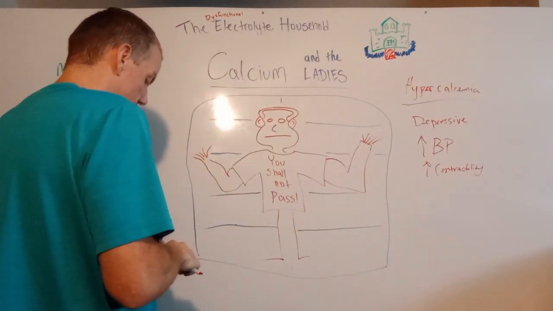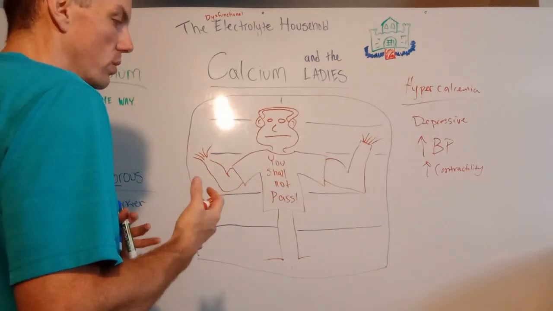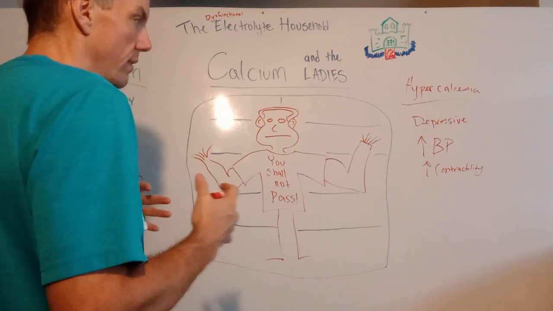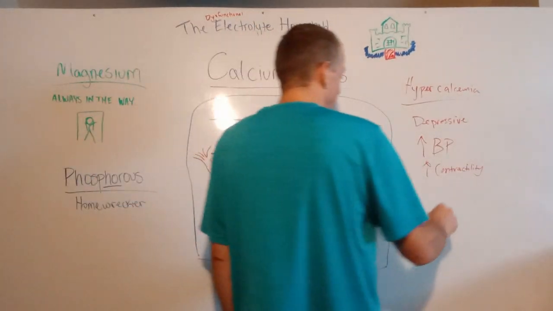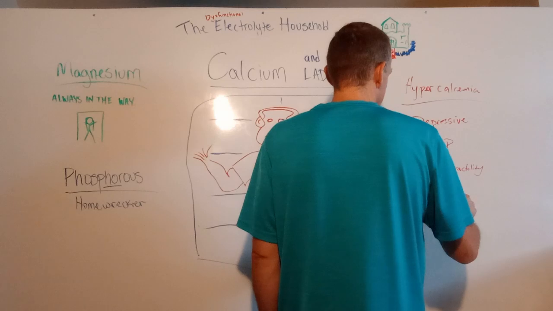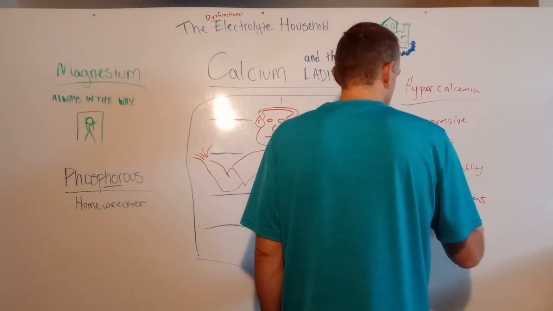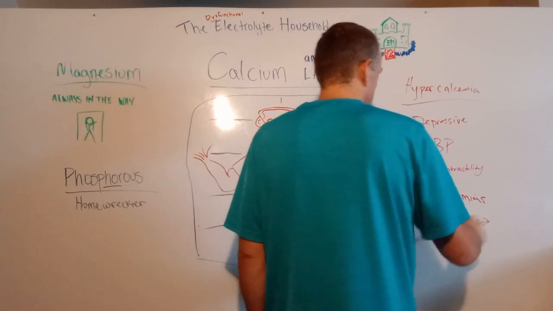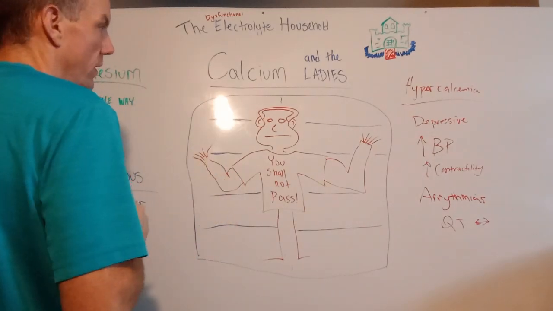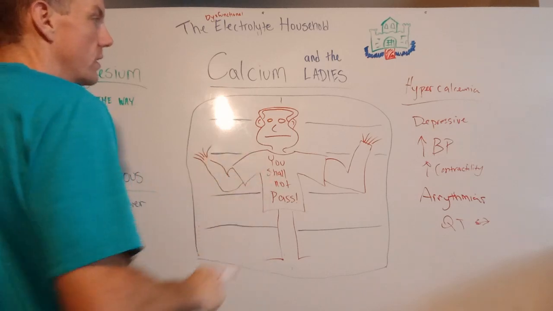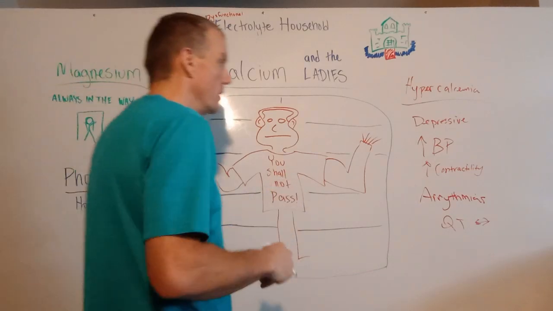This can also cause some arrhythmias, because when the heart is repolarizing, it has to move calcium elsewhere. Specifically, I think it's a QT interval, but I know we're going to have to know that. So when you have all of that going on, you get mostly depressive symptoms, but a paradoxical, kind of confusing increase in blood pressure.